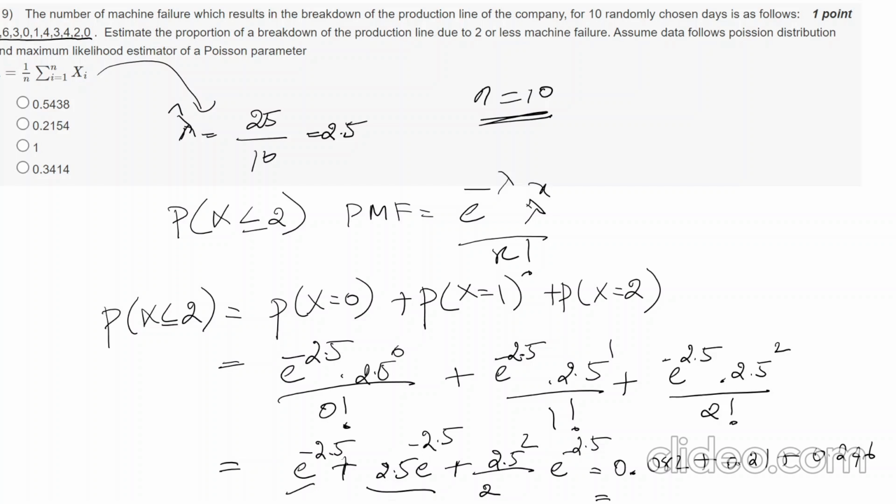Hence, if we add all three, it ends up at approximately 0.54. Just matching the closest value here, which is option A. So the answer for the ninth one is A.